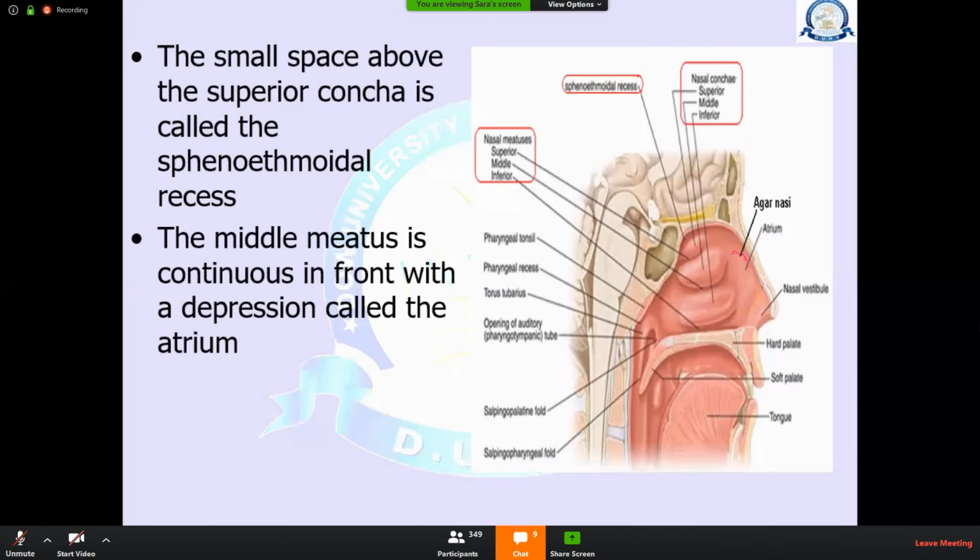So that is how you have the atrium and the agger nasi. In epistaxis, it's the anastomosis which gets damaged. So it can be any artery, or rather the anastomosis where it gets weakened or traumatized.